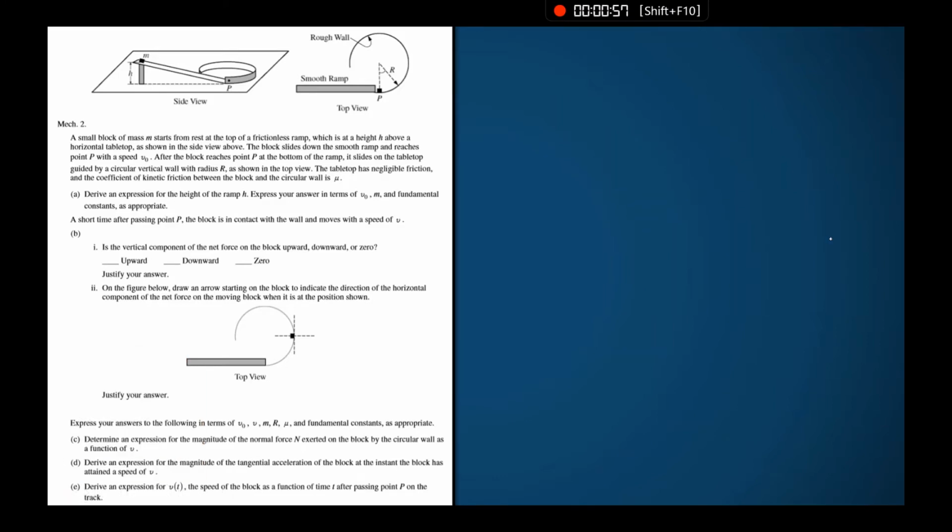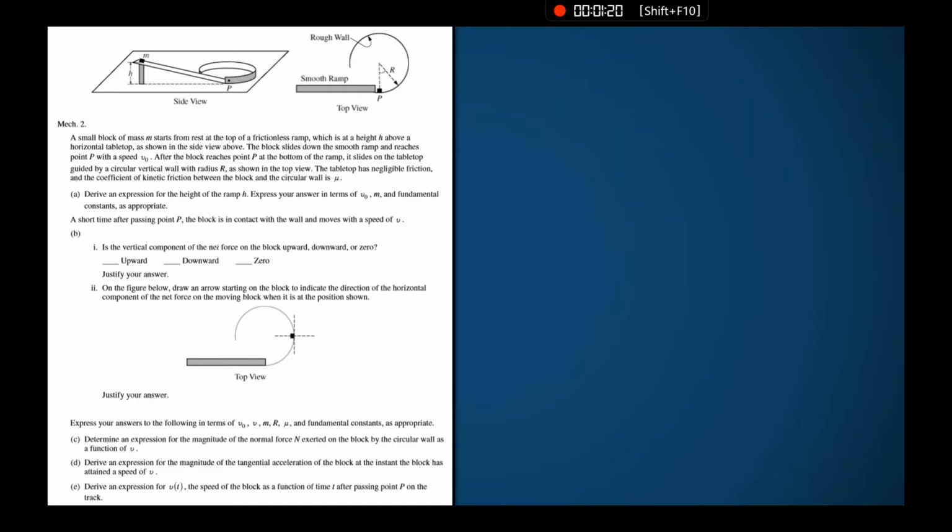So we get the block of mass m starting from rest at the top of a frictionless ramp. It's at a height h above the tabletop. It slides down the ramp and reaches a point P with speed v0. So that's at the end of the ramp, P. After point P, it slides on the tabletop, guided by a circular vertical wall with radius r, which is shown in this top view here.